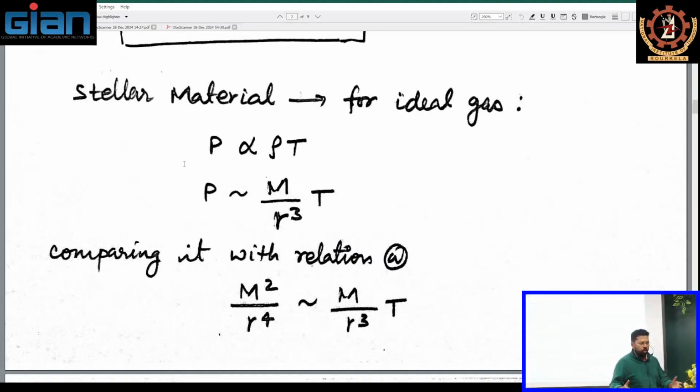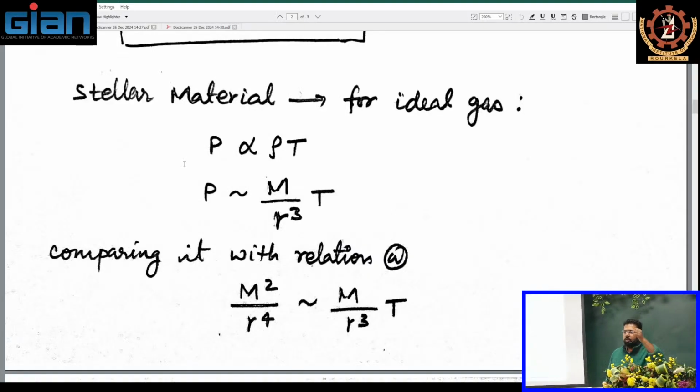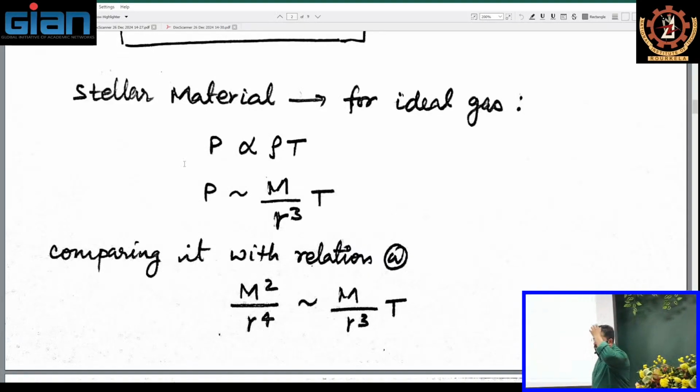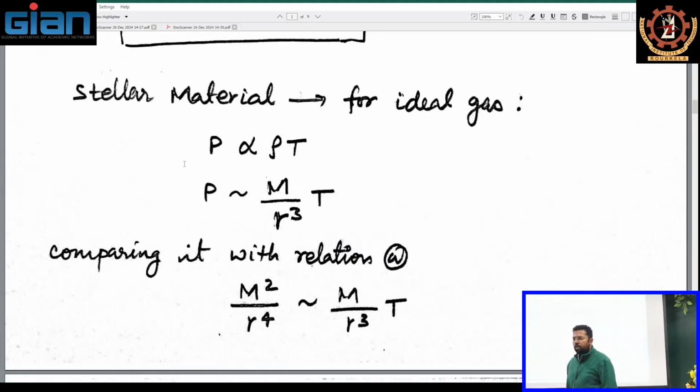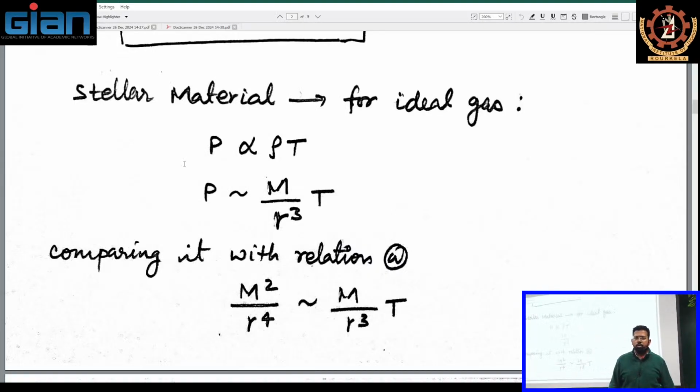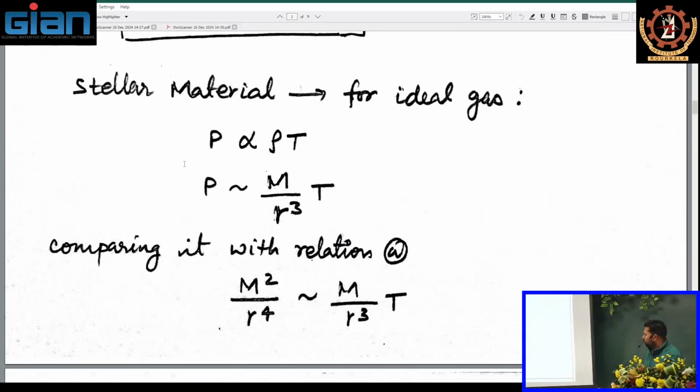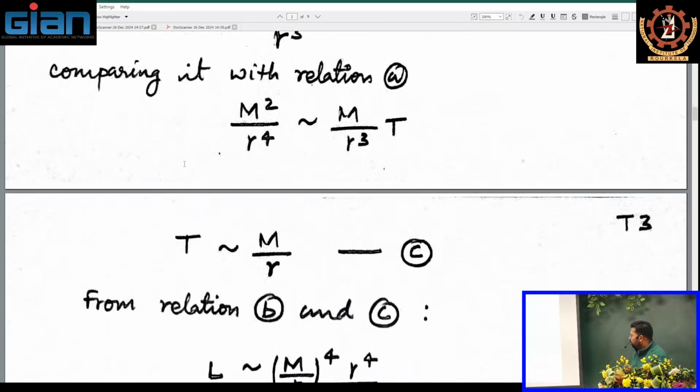This is the way we can get rid of pressure, because our target is to find the relation between the luminosity and the mass. We are just trying to eliminate other quantities, and pressure was one we wanted to get rid of.